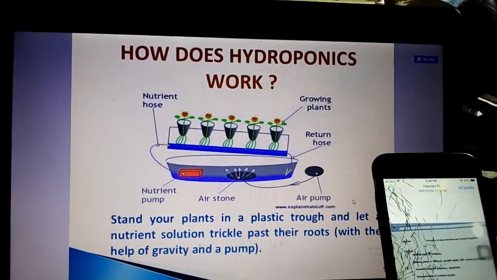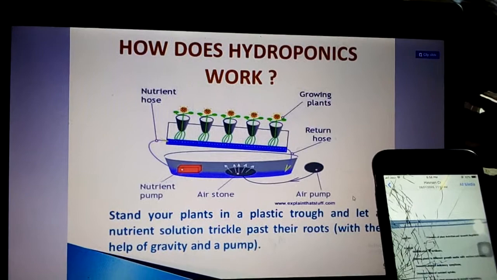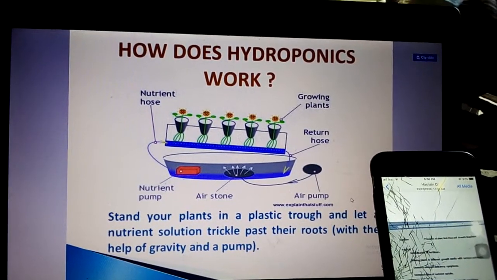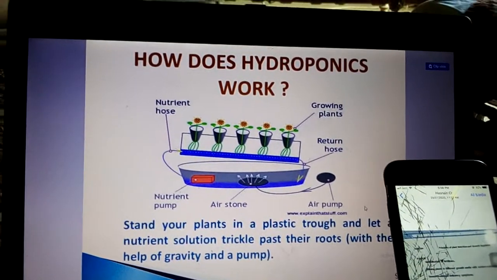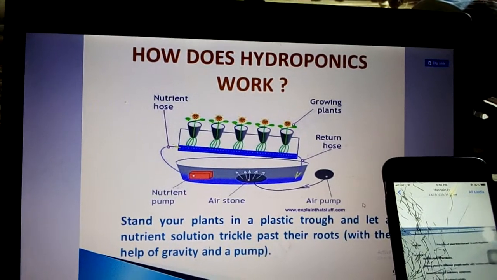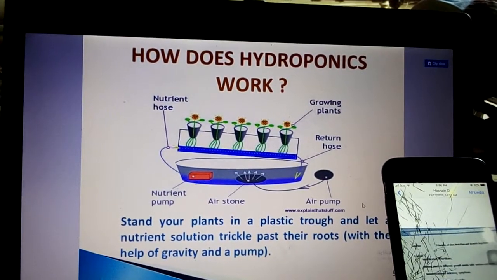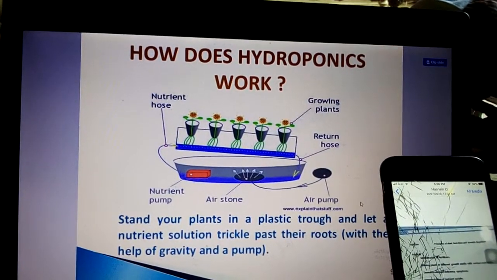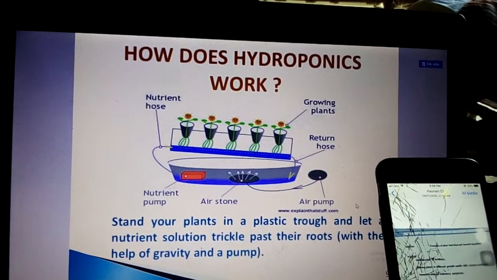Another question is, how does hydroponics work? Stand your plants in a plastic tray and let a nutrient solution trickle past their roots with the help of gravity and a pump.